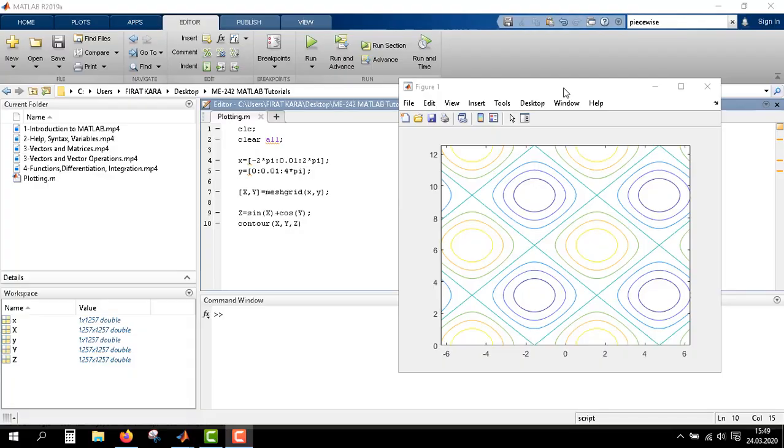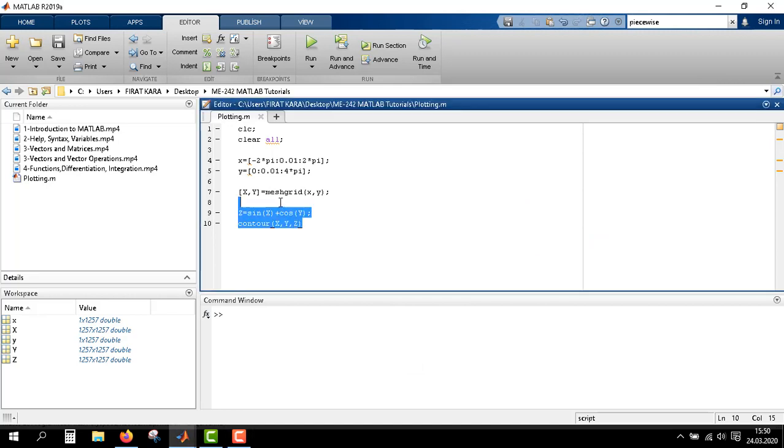We have one more example, and it's about plotting vector fields. Let's start. Okay. Let's define our meshgrid, but with different syntax now.